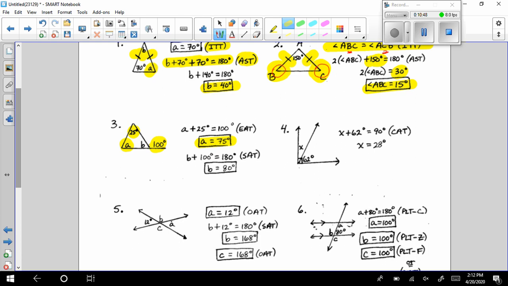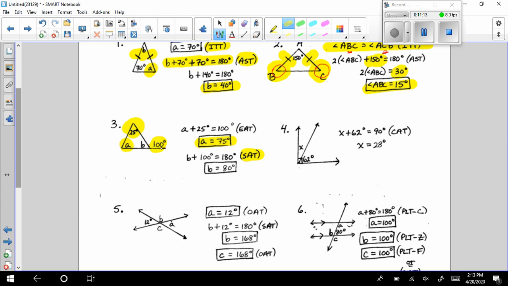Now that I know that A is 75 degrees and this angle is 25 degrees at the top, I could find angle B using AST. That is, the sum of the angles is equal to 180 degrees inside a triangle. Or I can use supplementary angle theorem.